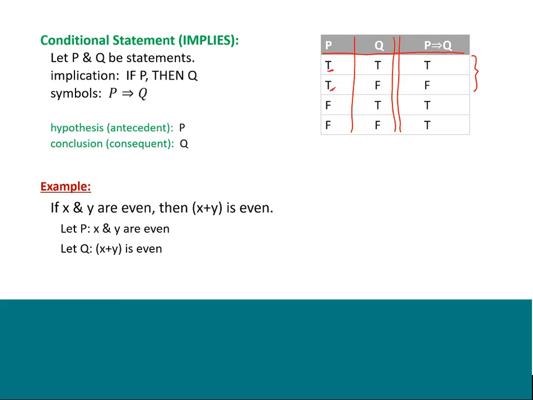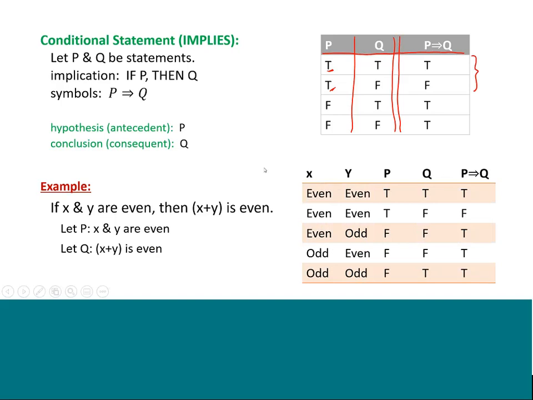So I'm going to put together a chart, and this chart is going to mimic the truth table of the implications, except it's got one extra row. So there's possibilities. If you're looking at two numbers and checking to see if they're both even, they could both be even. Or if you were just grabbing random integers, one of them could be even and one of them could be odd, or they could both be odd.